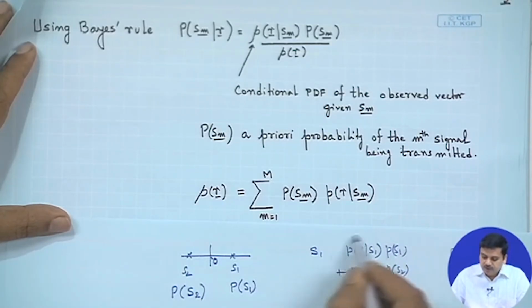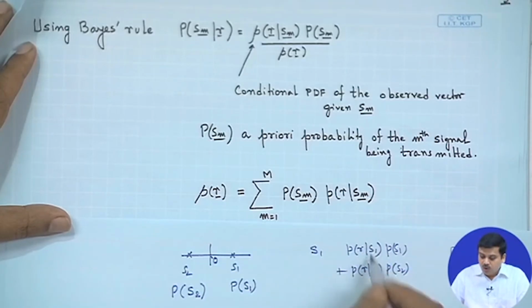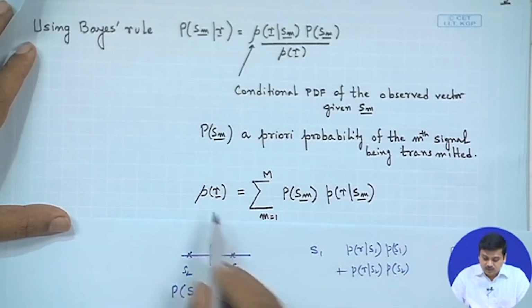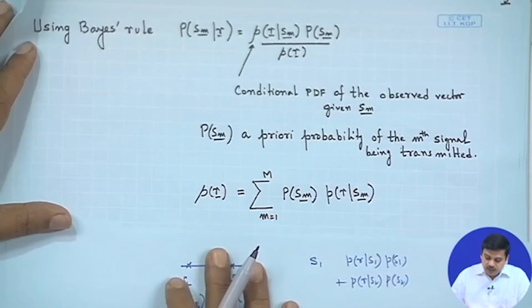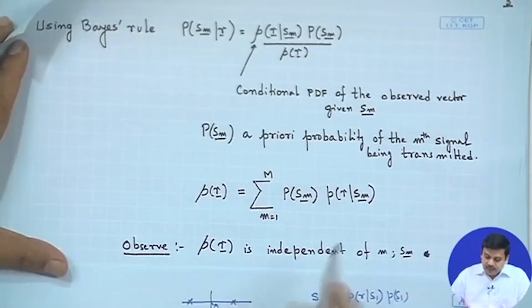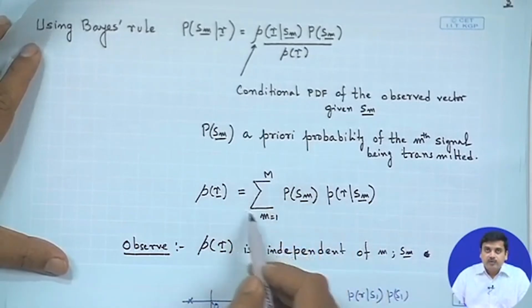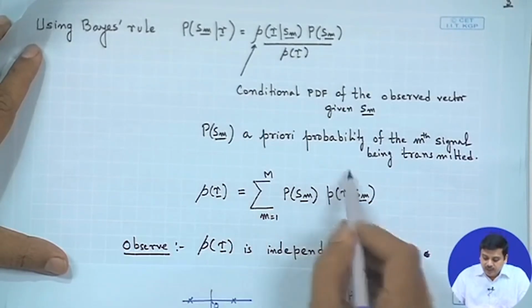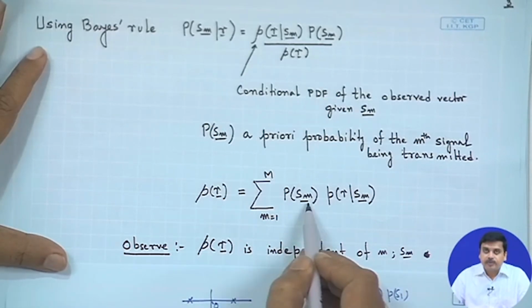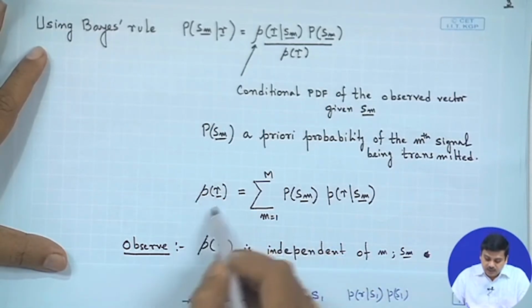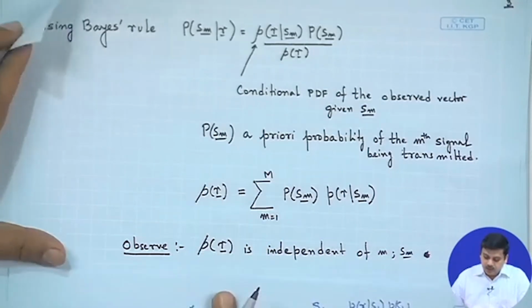That means you have averaged it over all possible transmitted signals. So, that is P of R. You could also see that P of R is independent of Sm, because you have already averaged over all possible Sm. So, P of R is not dependent on Sm, it is just the probability of observing a particular output.